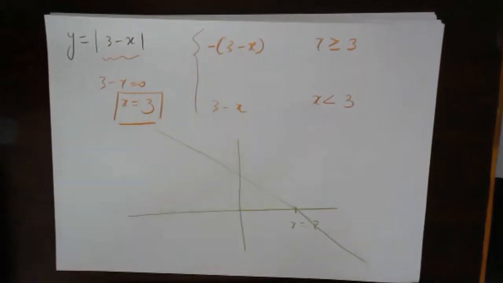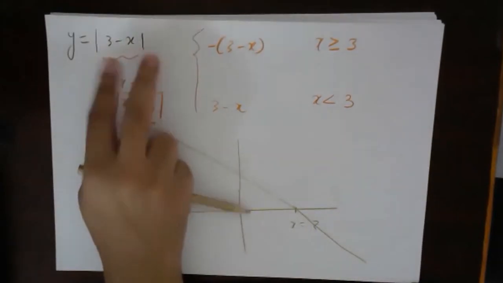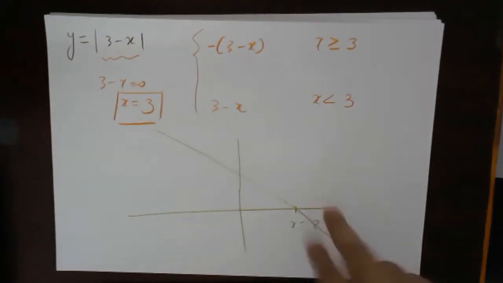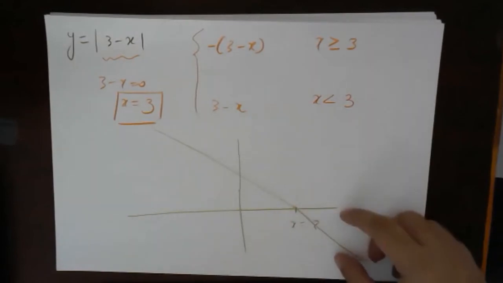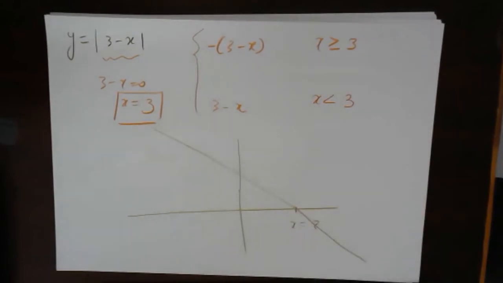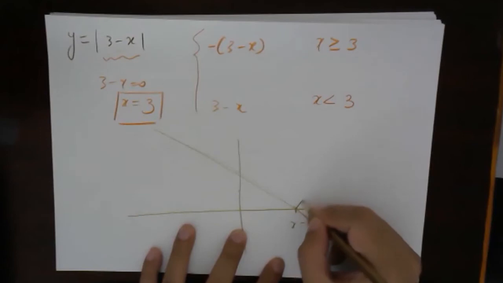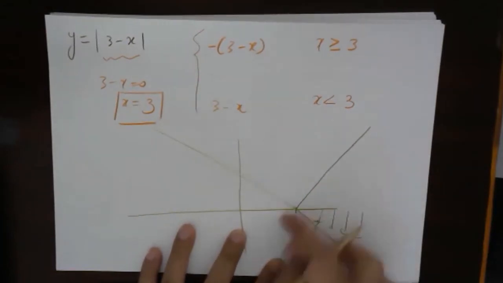Now what I have said is that if there is a modulus on the whole, we will simply invert the graph. Where it is negative, it will become positive. Whatever is down will simply come up. So this part was down, this will come up.